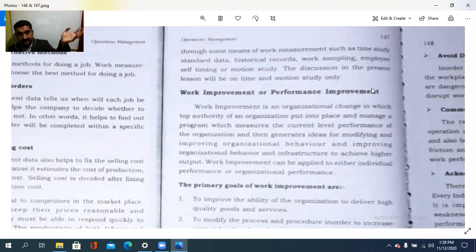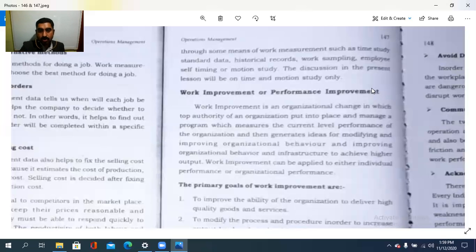So the higher authority needs to implement this program, which measures the current level performance of the organization in comparison with the previous one, and generates the ideas for modifying and improving the organizational behavior, and improving the infrastructure, in order to get the higher output. That is the work improvement or performance improvement.